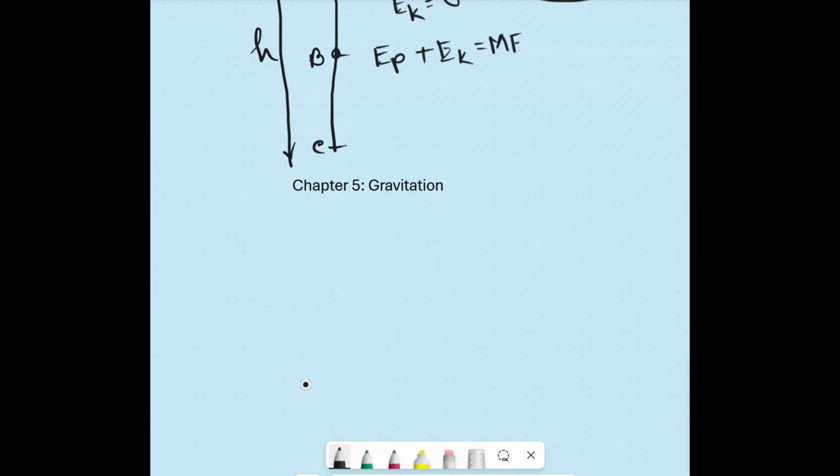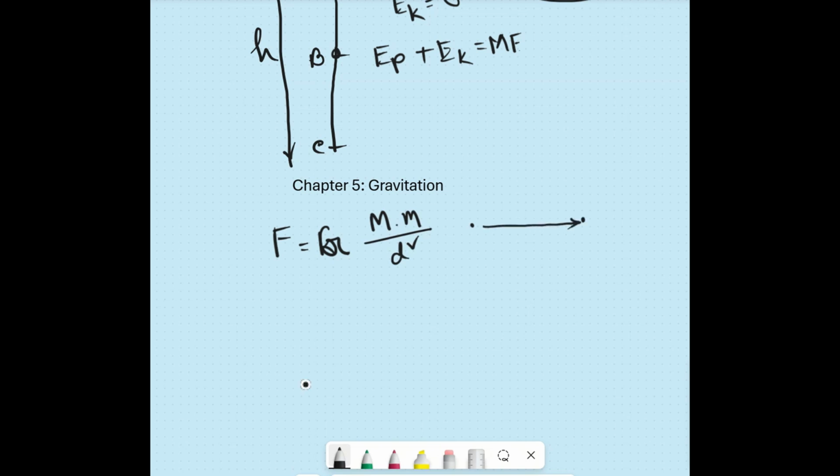Chapter 5, gravitation. Here we have to know about gravity and gravitational force. So what is gravitational force? Gravitational force F equals G times the two objects' masses, one is M and another one is m, over the distance d squared.